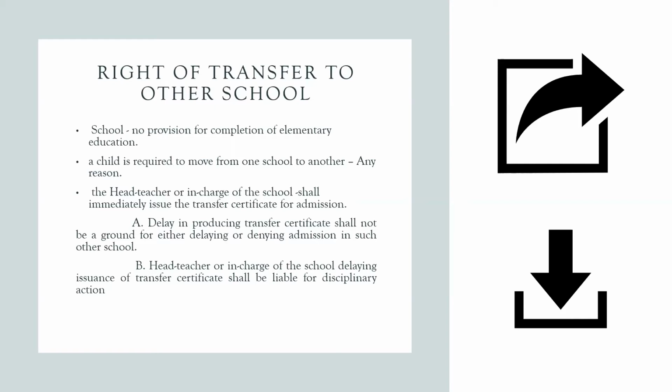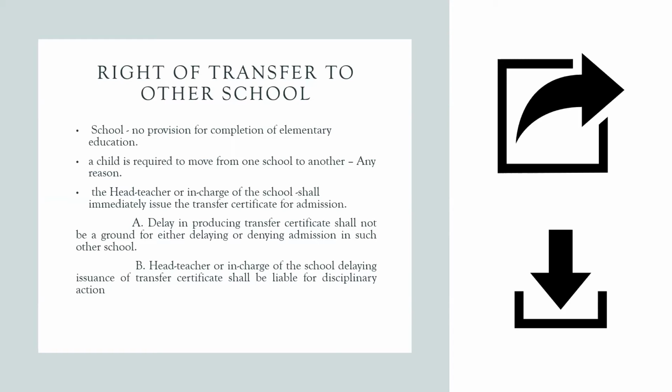And especially when it comes to children who claim their right under the Right to Education Act, this is even stronger. So I remember one instance where there was a child from a tribal community who had migrated with a parent to a neighboring district and lost 3 years of education. When the child came back, the child wanted to pursue education.